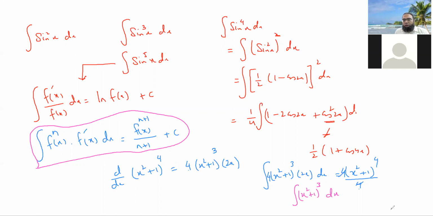Now there is a very frequently solved example, like for example, if there is cos square x and then there is sine x, or maybe there is tan cube 2x and then there is secant square 2x.